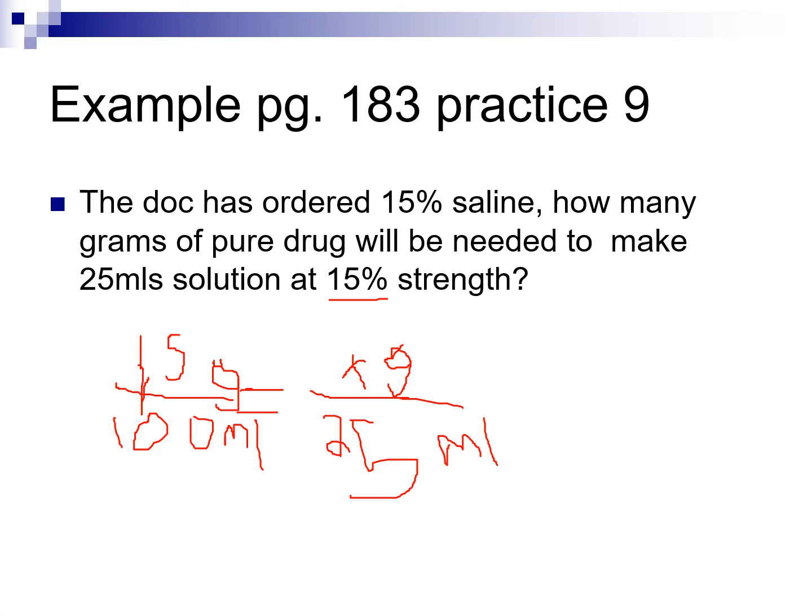When we do the math, we multiply 25 by 15, we get 375, and then when we divide it by 100, this is why all this decimal stuff is important too, you get 3.75 grams. 3.75 grams is your answer.